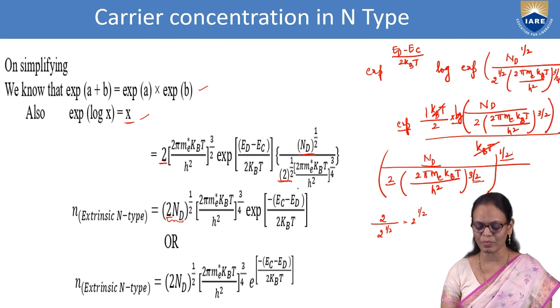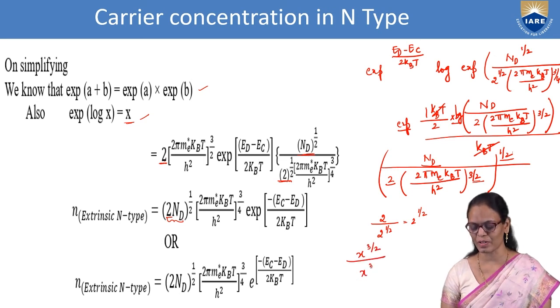And then whatever value we have here, (2π me kBT/h²) power 3/2, and here (2π me kBT/h²) power 3/4. Suppose I have the numerator as x power 3/2 and the denominator I have x power 3/4. How do I write it simply?